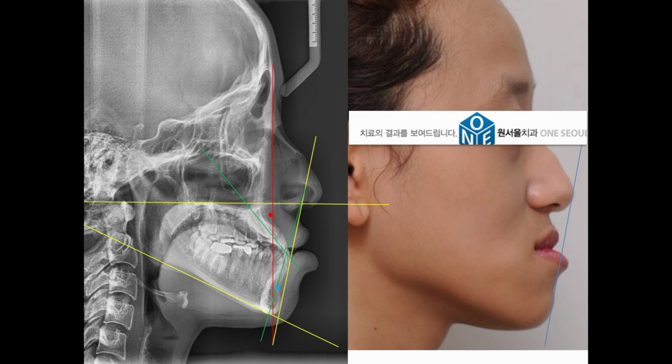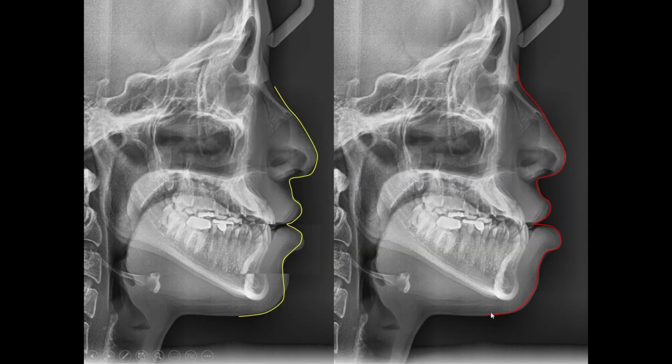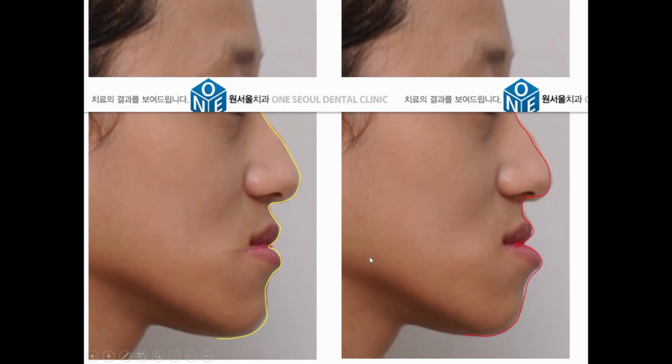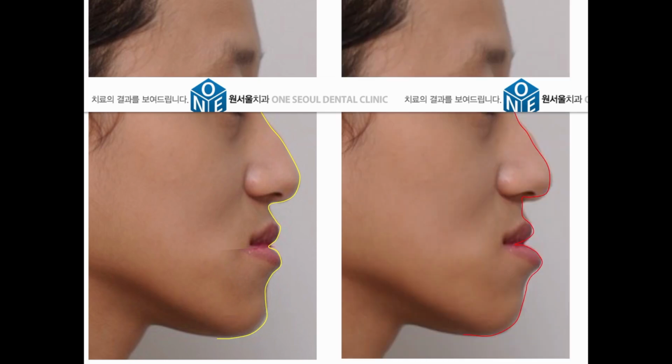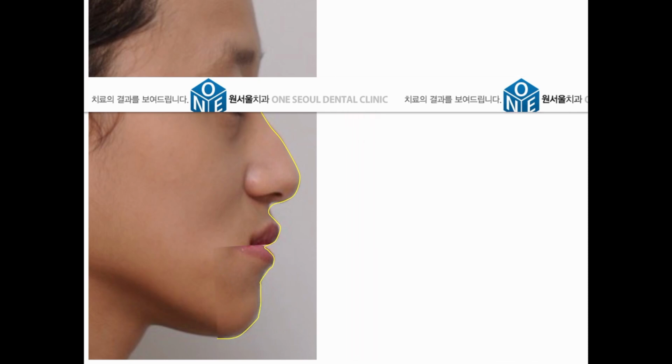So this is patient initial, and then she explained to the patient, I want to do this ASO to you. Okay, so this kind of my approach will improve your face.